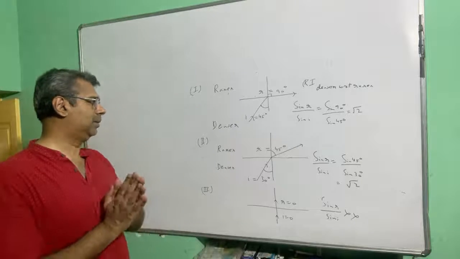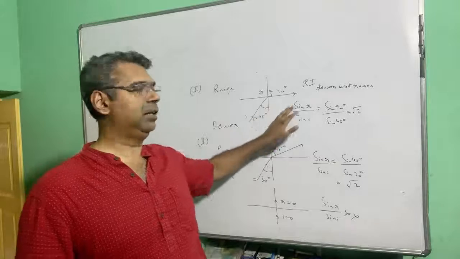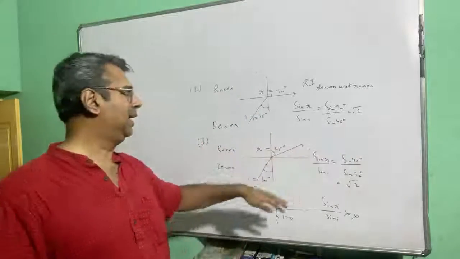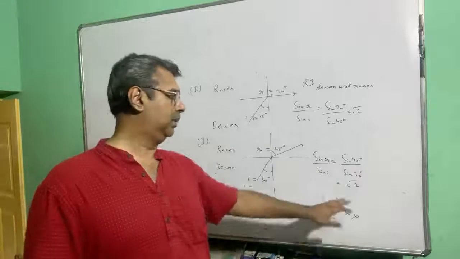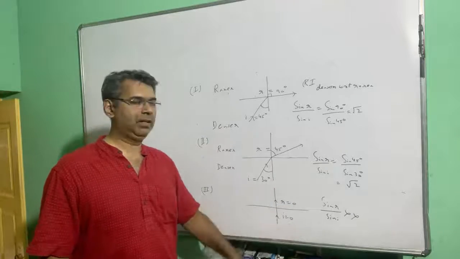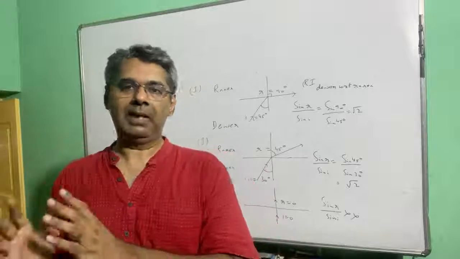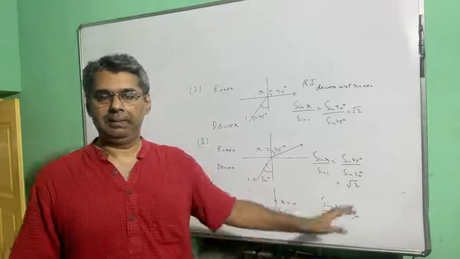So what is the summary of the discussion? In diagram number 1, angle of incidence and angle of refraction both are very high, but the refractive index is √2. In diagram number 2, angle of incidence and angle of refraction have come down, but the refractive index is still √2. In the third diagram, angle of incidence and angle of refraction are both 0. That means there is no refraction, so you cannot apply sin r by sin I. So there is no question of finding the refractive index by this formula.